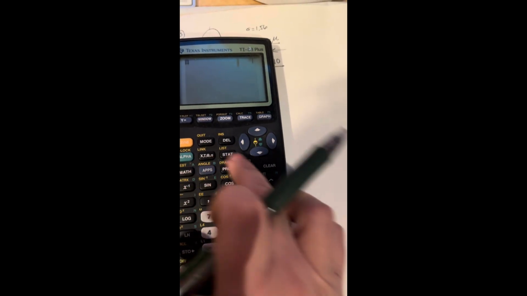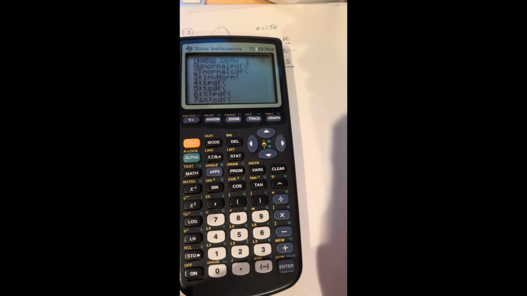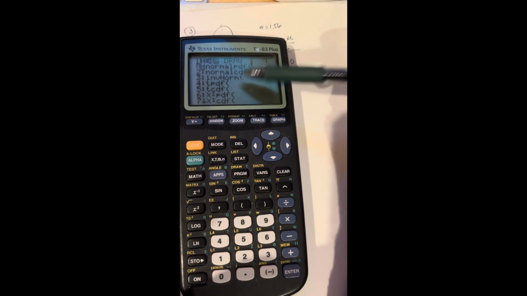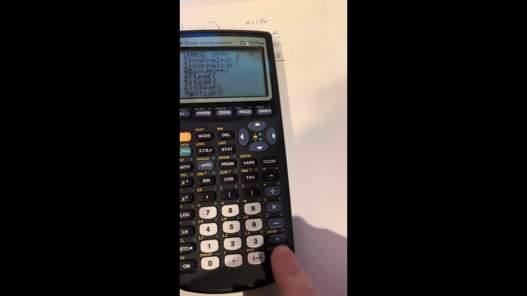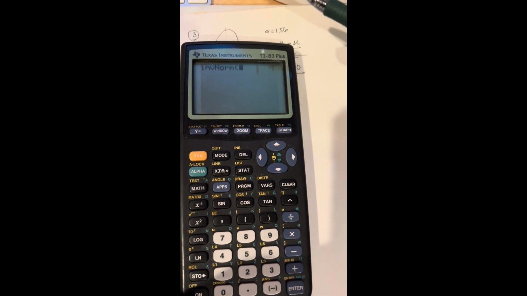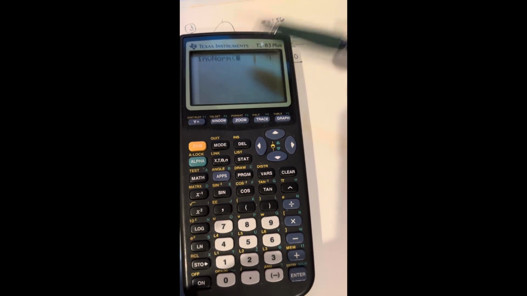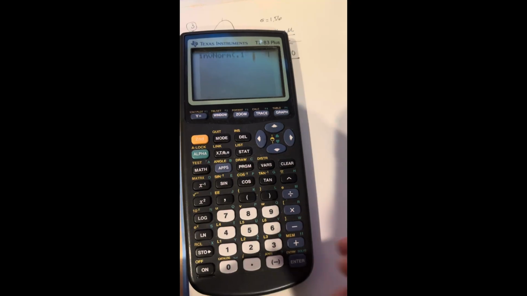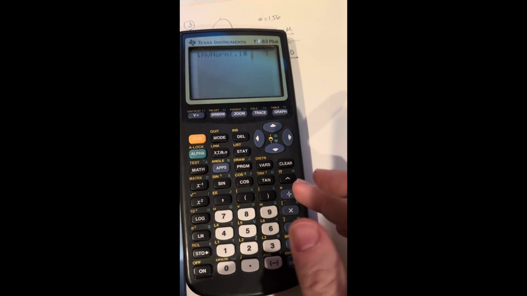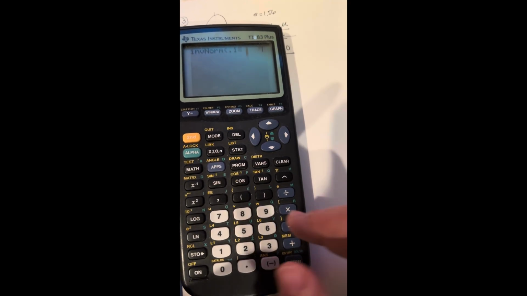So to get that z-score in my calculator, oh my goodness, this thing is so old. I would go to the distribution menu. Because I'm looking for a z-score, that is the inverse norm option. Your calculator is going to look different. It's going to say area, mu, standard deviation. For your area, you're going to type in the area or the probability that you're using. For me, that's 0.1. It's probably 0.1 for you also.